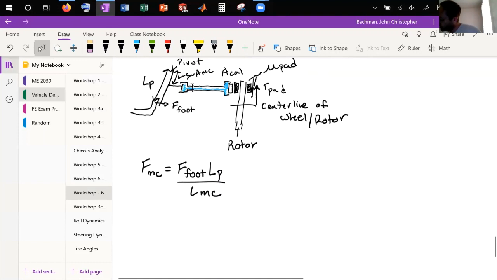And then if we assume that this is incompressible, right? I guess incompressible doesn't matter as much for this, but we assume that the pressure in this hydraulic system is roughly the same throughout, just because it's static.